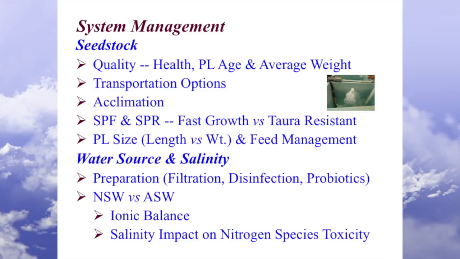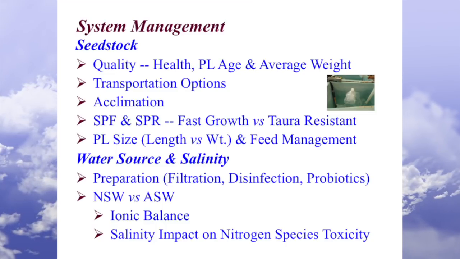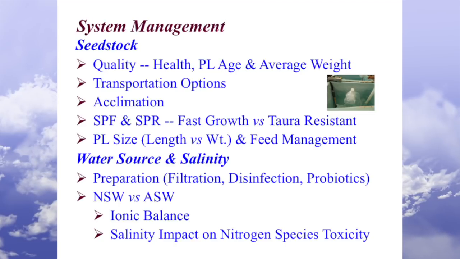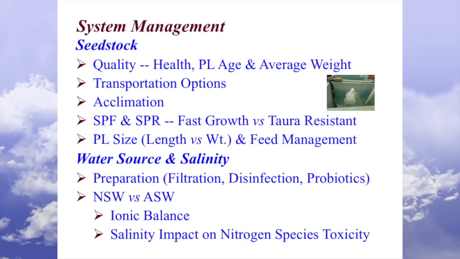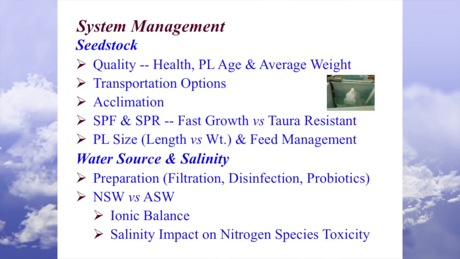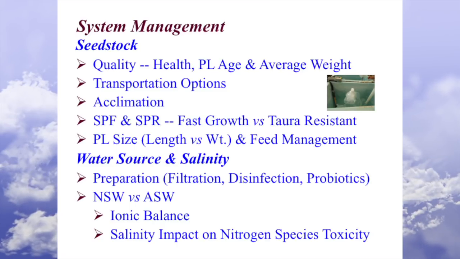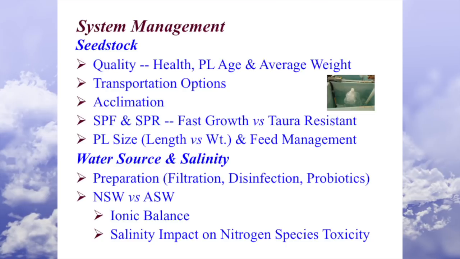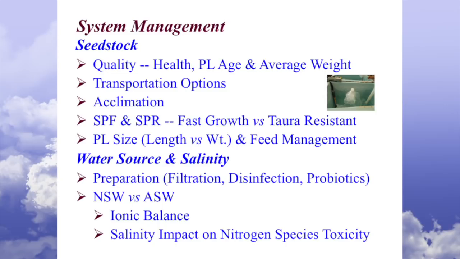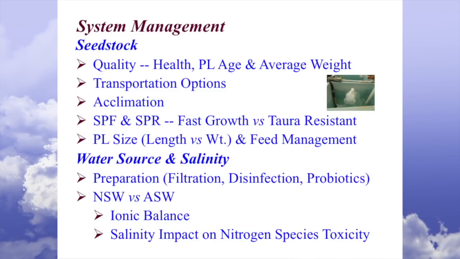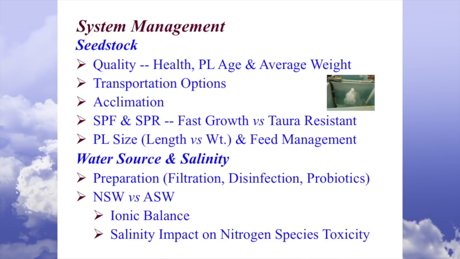Moving along, seed stock quality. Eduardo Figueras talked about it yesterday, and certainly looking into the quality and evaluation of the seed stock and the different criteria is important. In the book, we have different criteria for how you can evaluate it. A good hatchery will also provide you with sheets with the quality of the post-larvae. Size variation, I'll talk about a little bit later, and how you may want to address it. Regarding transportation, generally for the small producer, you will get the shrimp packed in styrofoam boxes, and then you need to do the acclimation.